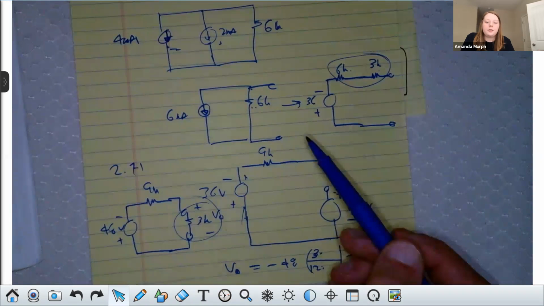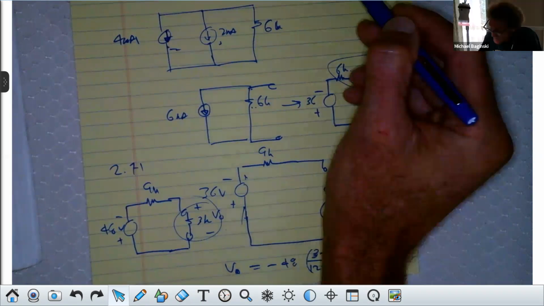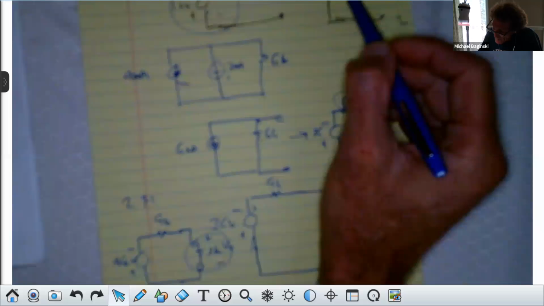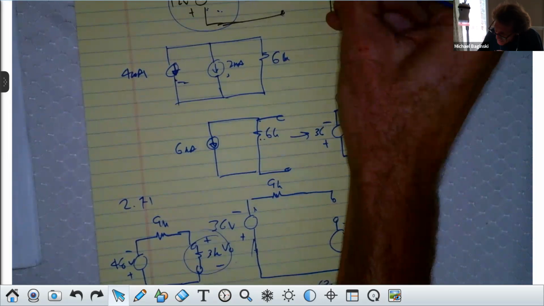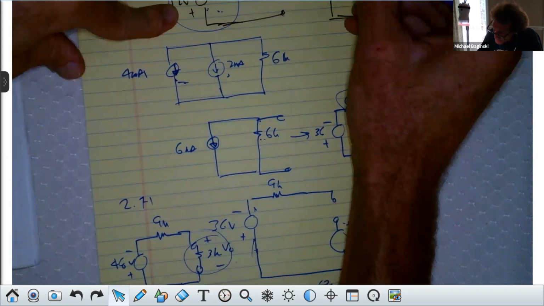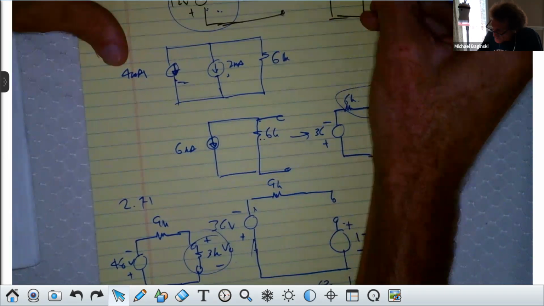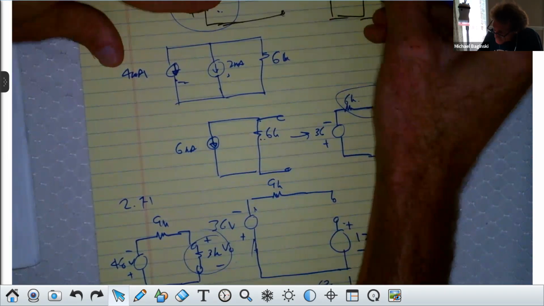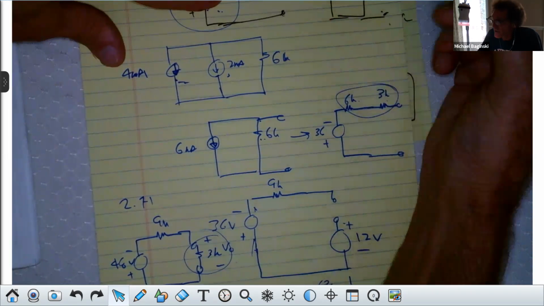Then how did you know it was 2 milliamps here? Well, this current here, which I call I source, is equal to this voltage divided by that resistance, right? That voltage is minus 12. The resistance is 6K, right? That's minus 2 milliamps, or 2 milliamps going down, correct?